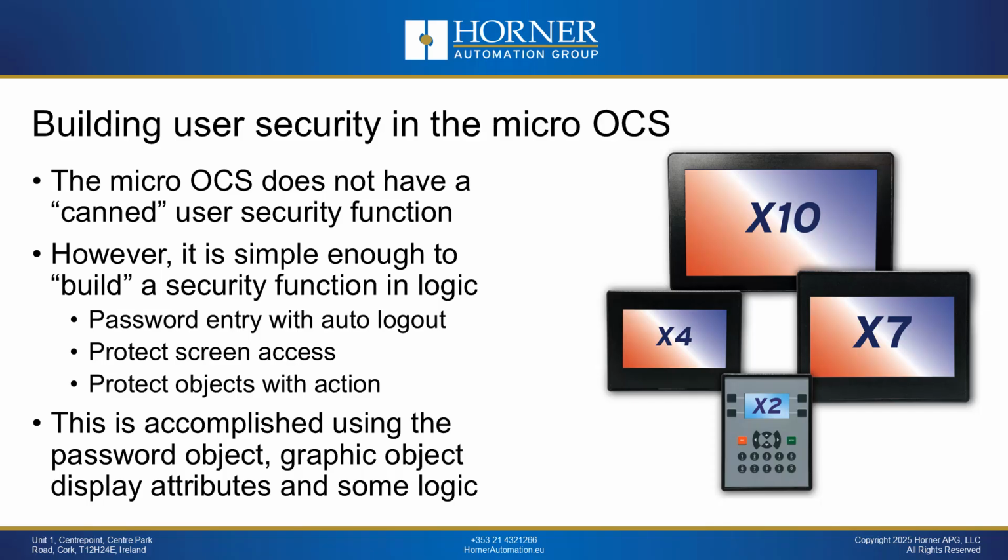We are also going to show you how to protect against an operator pressing start buttons and editing numerical data fields if they do not have the appropriate security level. And the way we are going to accomplish this is by using the password object, which we will describe later on in this presentation. We are also going to use something called graphic object display attributes, along with some logic to make this all happen.